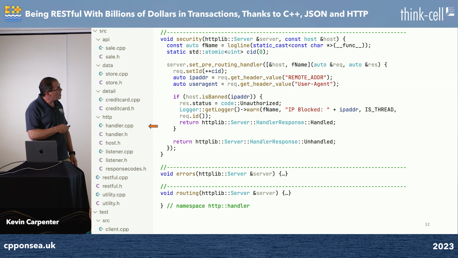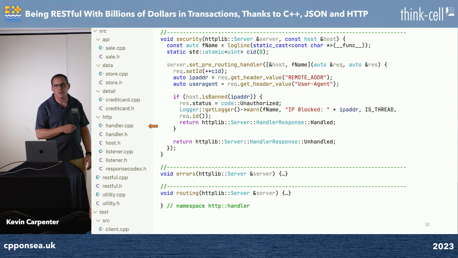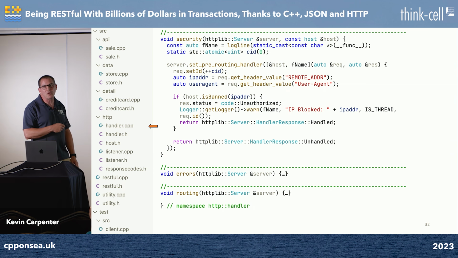So we take the request and we have this set ID. And the thing I need to point out about this set ID is this is not part of the httplib. I've got a pull request ready to send to them to see if we can end up adding it. But when you get a request, the request that comes in is const, so you can't necessarily set something. So we actually added a feature to set an ID.